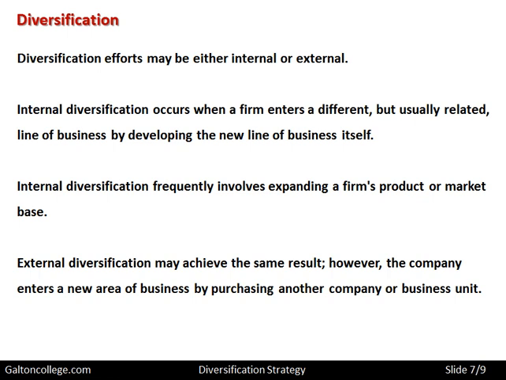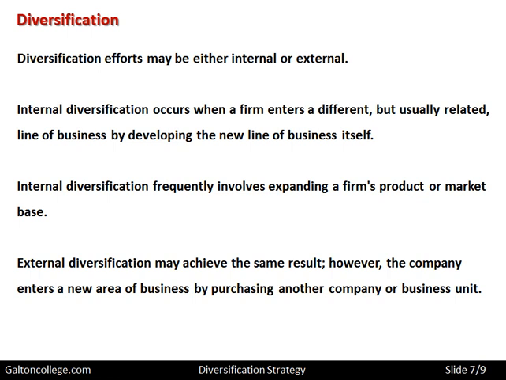Or alternatively, it may look outside the business, look at other companies that have already got products in the market and try to acquire those companies. In so doing, it's acquiring their products, it's acquiring all the effort that they've put in developing the products, the research and development, the marketing, the market information it's acquired. So by acquiring the company, it acquires everything.